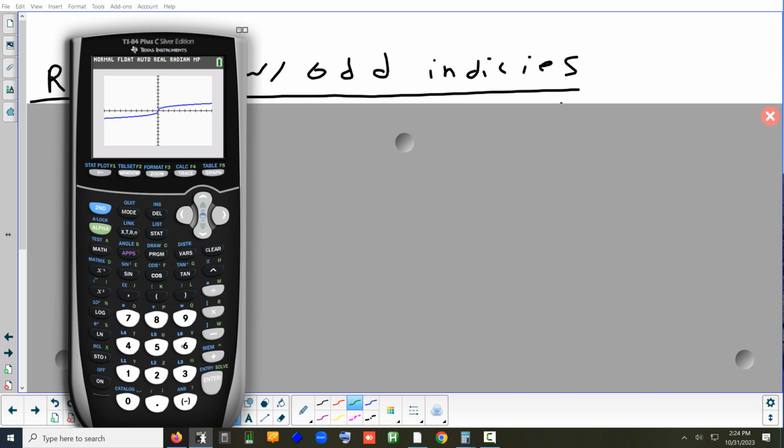So with a cube root, it reflects over both the y and x axis. Yeah, it's like a mirror image. I call this point right here the center point. So it flips over the origin. Yeah, it is a reflection over the origin, which means it's a reflection over the x and the y at the same time.